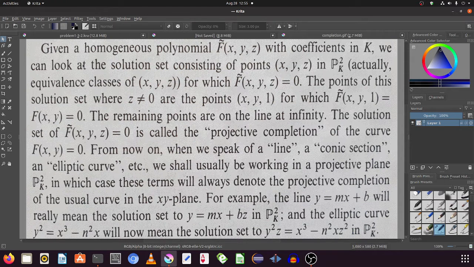Well, given a homogeneous polynomial, so that's a prerequisite, and then we look at solutions to this equation, which of course form an affine curve, and all the solutions to the equation is called the projective completion.